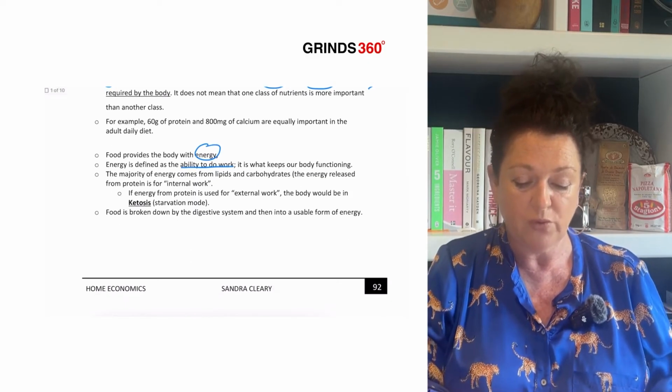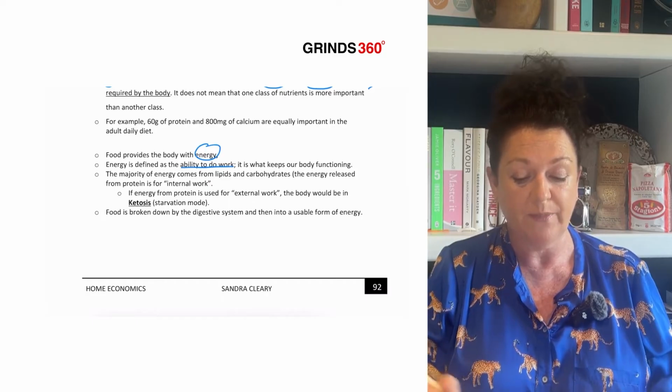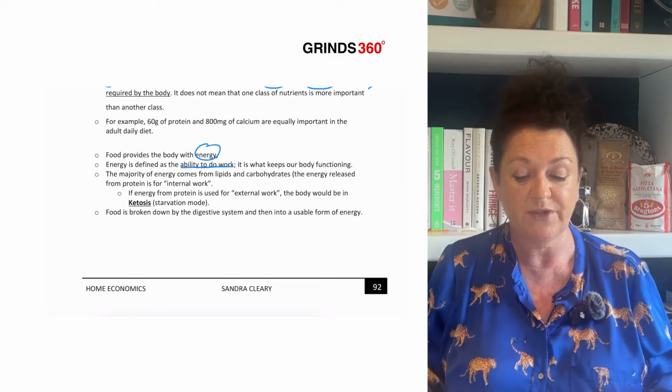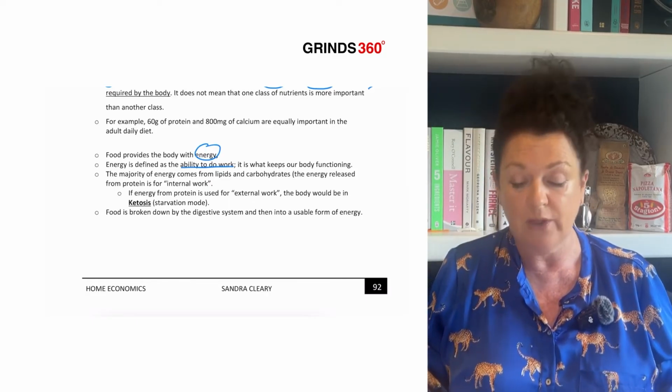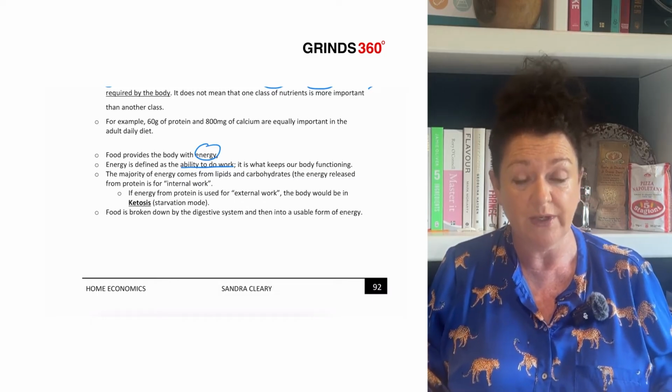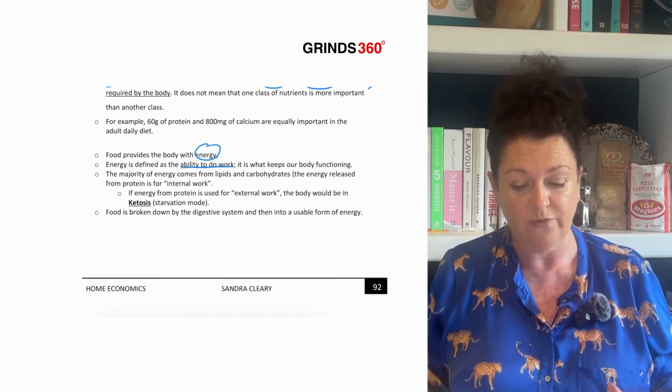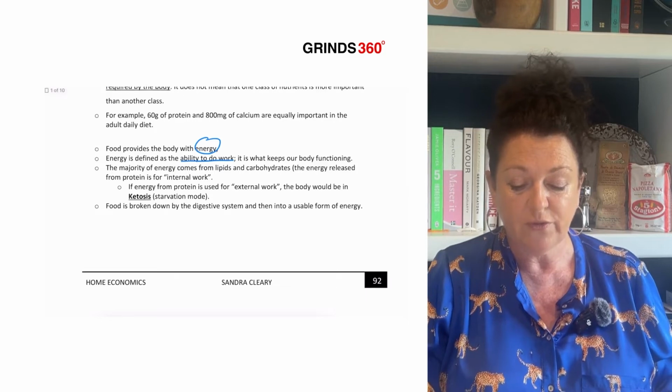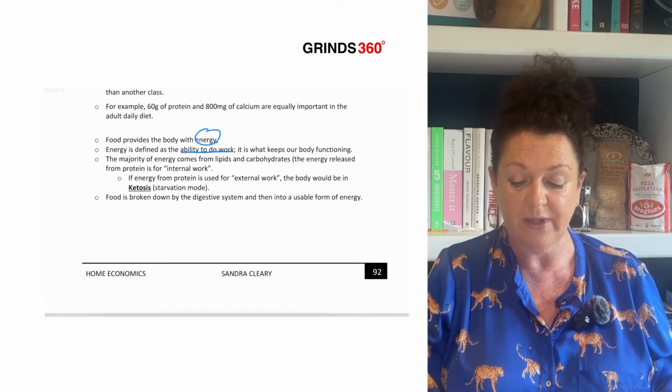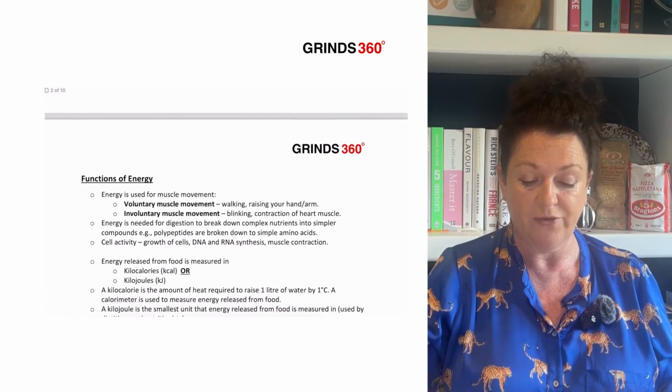So if protein is used for external work, we said the body is in the state of ketosis or starvation mode. Now that we'll be looking at in the handout on protein, which will be our next handout after we've completed this. So food is broken down by the digestive system into a usable form of energy.